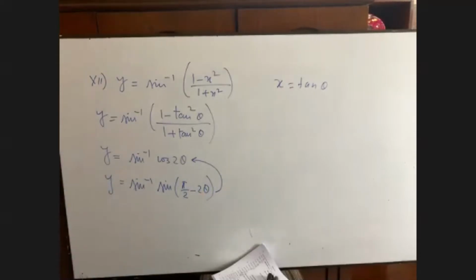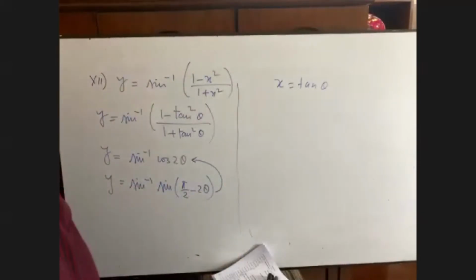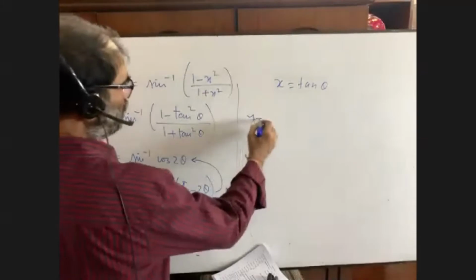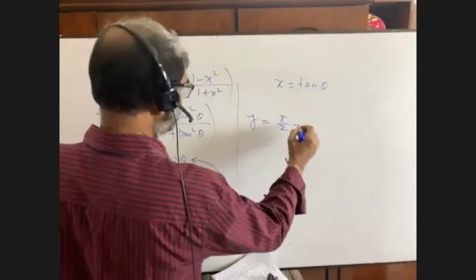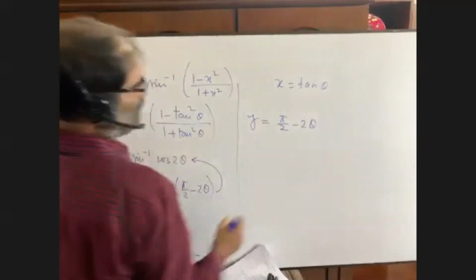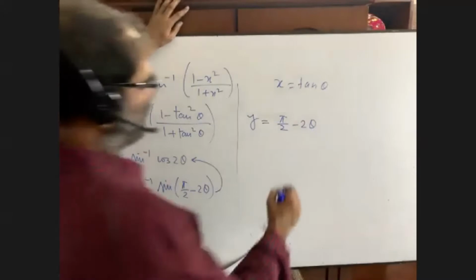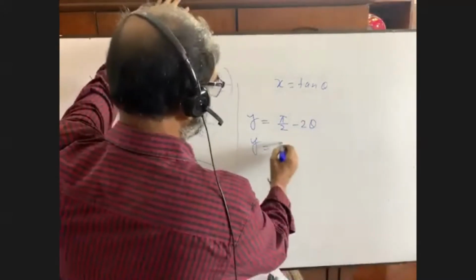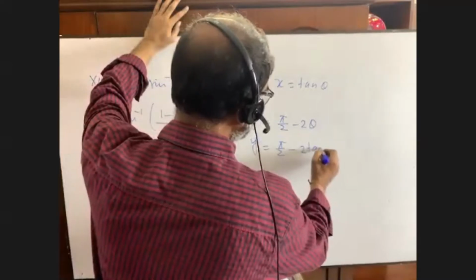Now we are left with y equals to pi by 2 minus 2 theta. That is y equals to pi by 2 minus 2 tan inverse x.